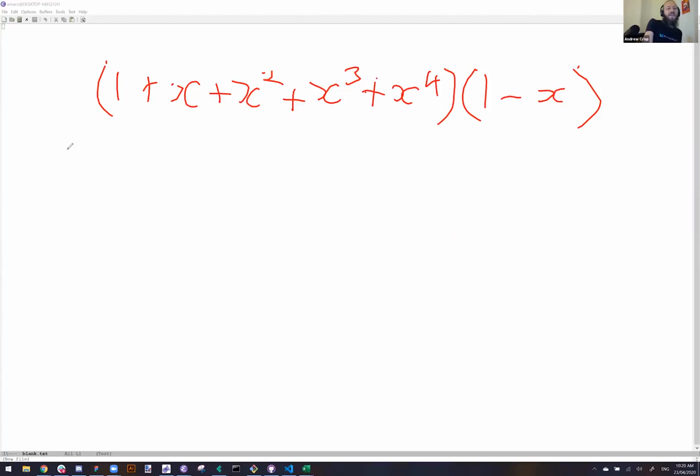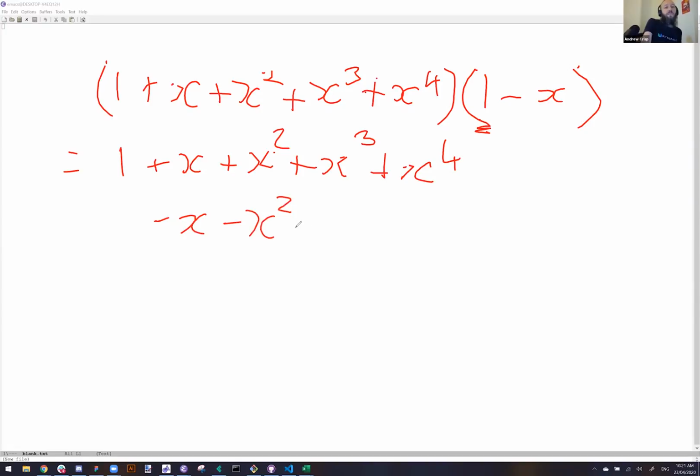We get the same thing here when we multiply it by 1 plus x plus x squared plus x cubed plus x to the 4 from the 1. But then we're going to also multiply it by the minus x, and we get minus x, minus x squared, minus x cubed, minus x to the 4, minus x to the 5.